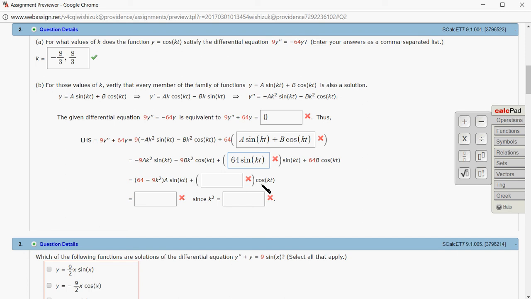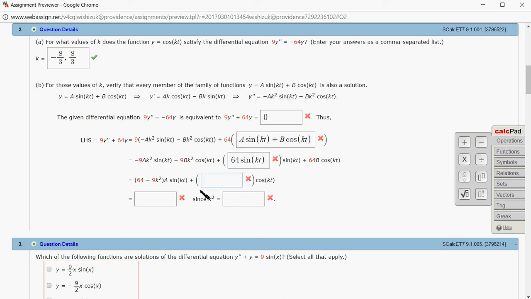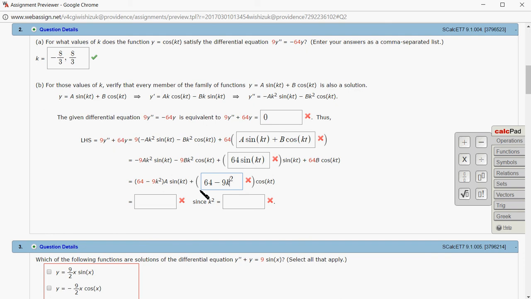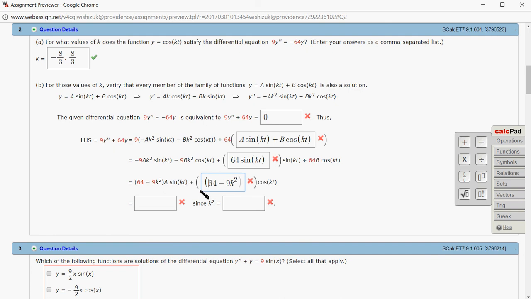If you collect the cosine terms, you have a 64 there, and then minus 9k squared, and we have a b there, which is the second term, just collecting the terms with cosine of kt in them.